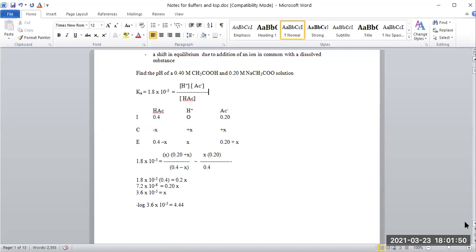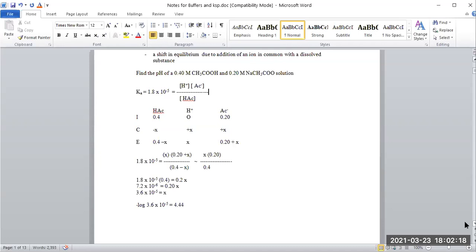I've got 0.4 of the acetic acid. I have no known H plus at the beginning, but I have some 0.2 of the acetate. So then you have to think about, okay, which direction are we pushing this?